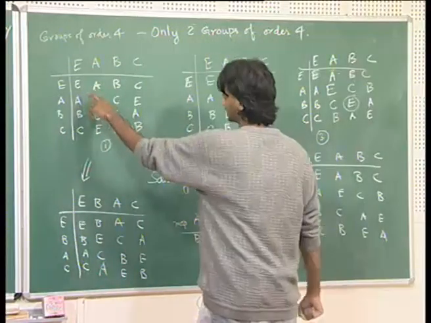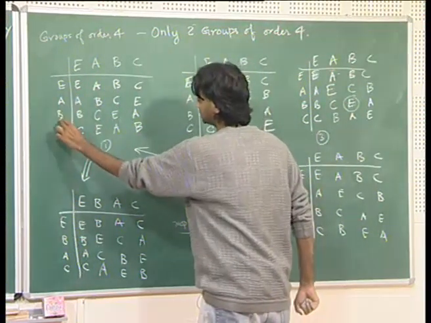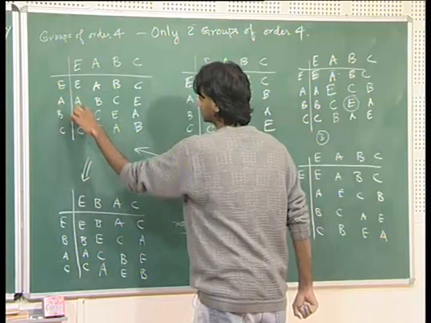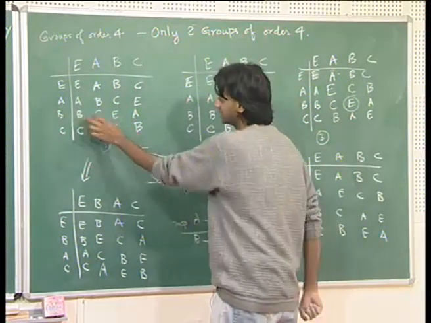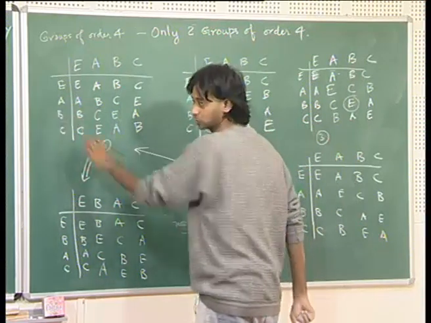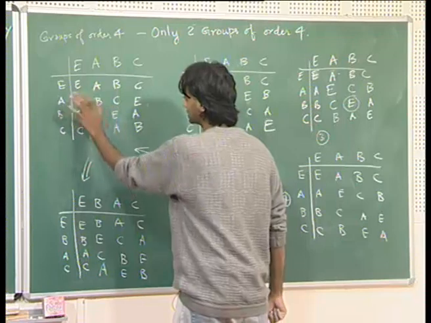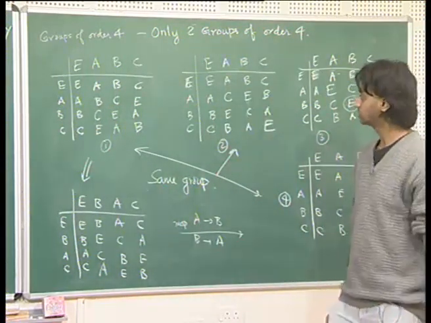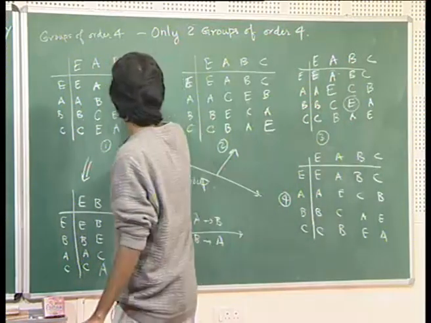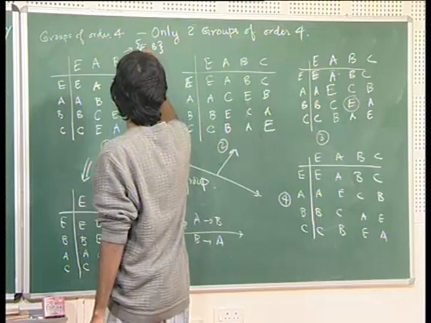If you take the subset E and B, then the multiplication table will just be E, B, B, E, and so this subset forms a group, because E times B or B times B is just identity. That has all the properties of a group, and so that is called a subgroup. So E, B is a subgroup.